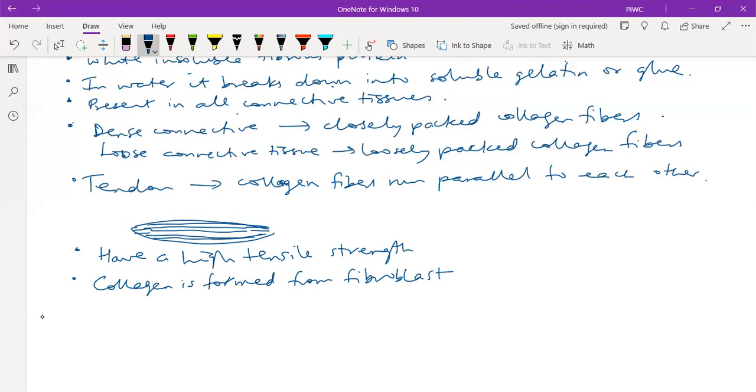And vitamin C is very important in the formation of collagen. So that's why when it comes to wound healing, vitamin C is essential.